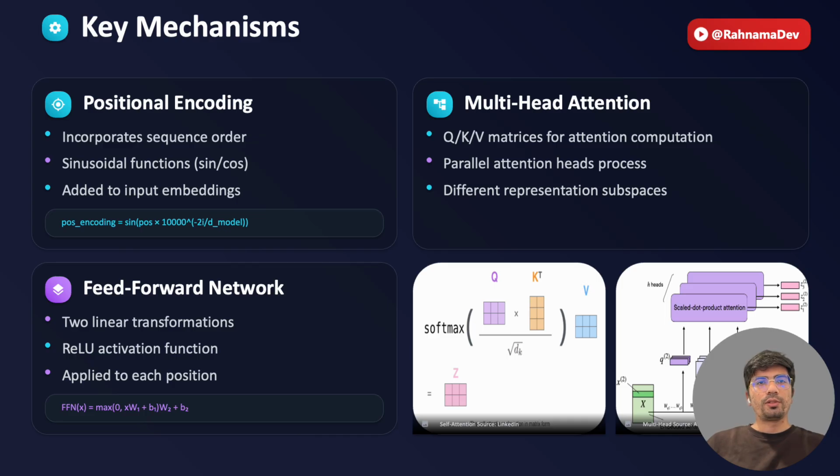So now let's dive deeper into multi-head attention shown in these diagrams. The first diagram shows how self-attention works with query, key, and value matrices. Q stands for query, as I said, K for key, and V for value. This is inspired by information retrieval systems.